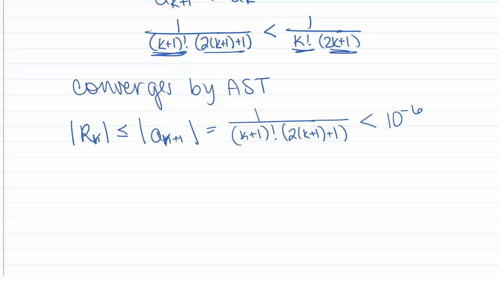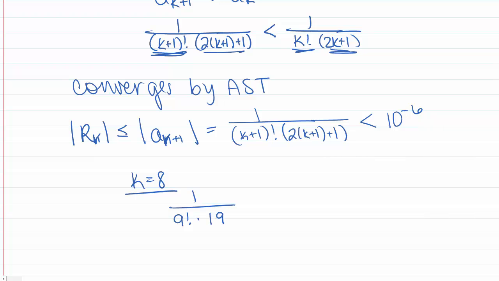Well, again, there's not a really great way to solve this, but just try to plug in a couple different numbers. And it happens to be if we plug in 8 for k, we would get 1 over 9 factorial times 19. And that's approximately 1.45 times 10 to the negative 7th.